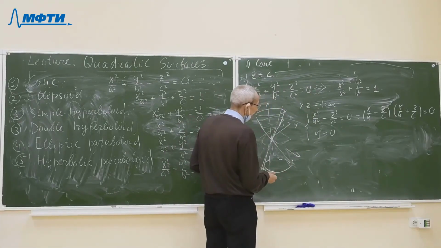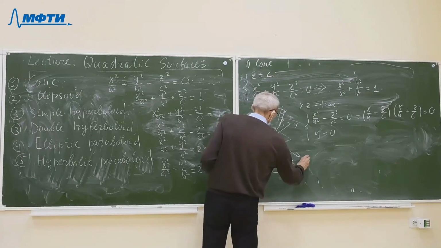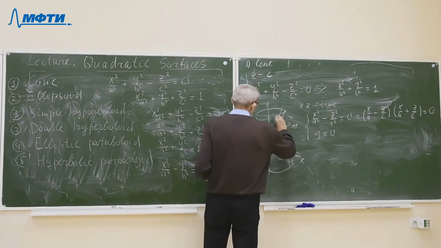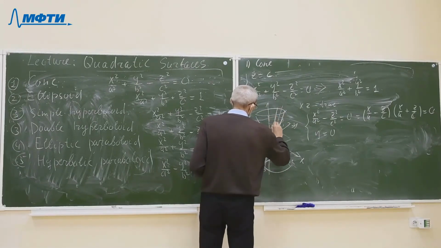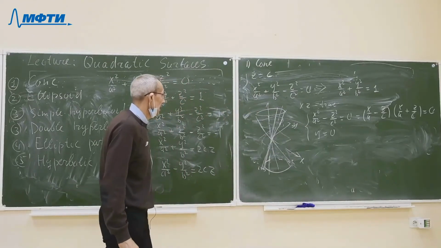In the XZ plane, we obtain two straight lines in this case.